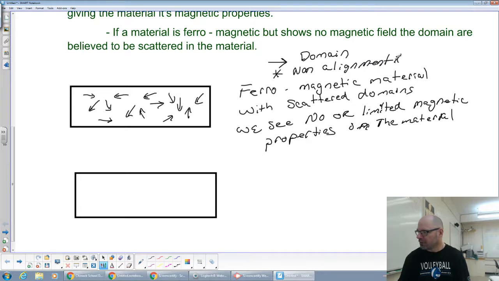Of the domains. Okay, if you put it in a magnetic field for a while, like the Earth's magnetic field, or a strong electrical current or something like that, which will produce or induce a magnetic field, what will happen is these domains will get aligned up like this, and they all point in the same direction.